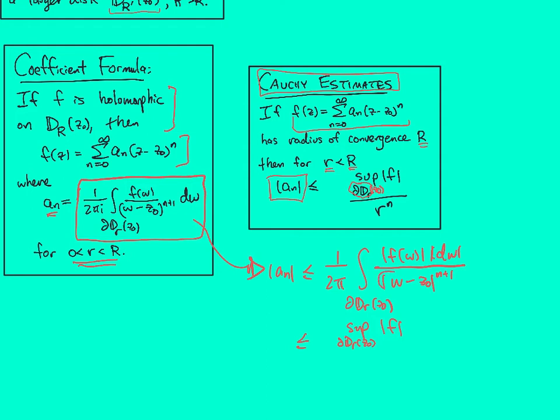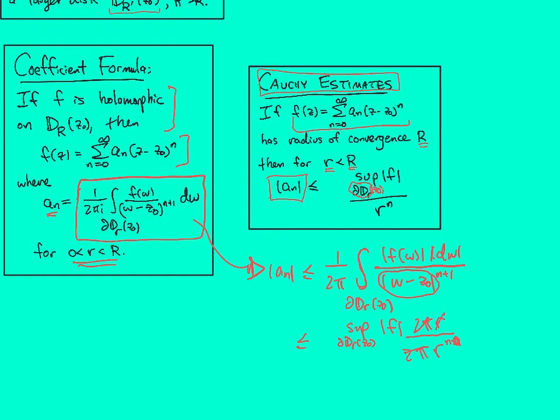And this part in the bottom is equal to little r. But I also am integrating over the circle of radius r, dw. So you get a 2 pi r, and you get an r to the n plus 1. And so you exactly get the estimate up above, called the Cauchy estimates.